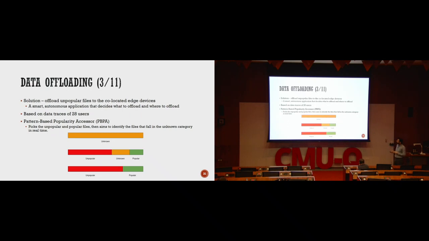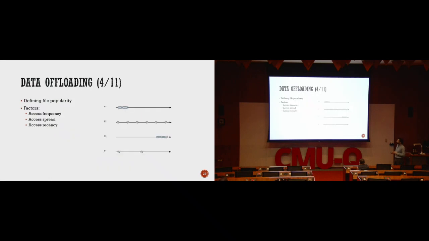And how do we do that? We do that based on these 3 factors. How many times are you accessing your file? What is the access spread? What is the access recency? For example, in this one, there is a burst of accesses, and then the file was never accessed again.